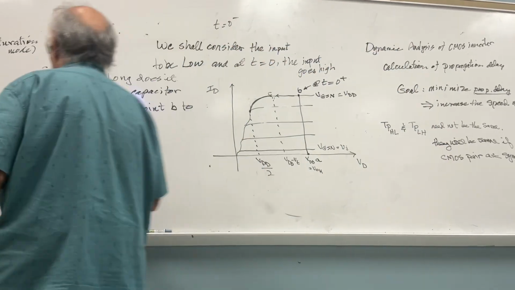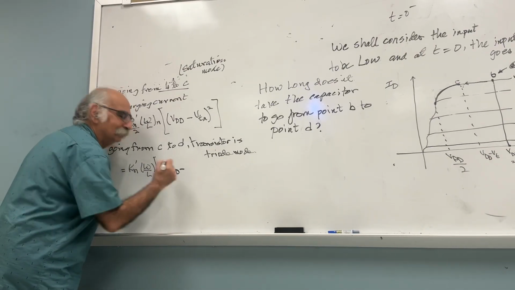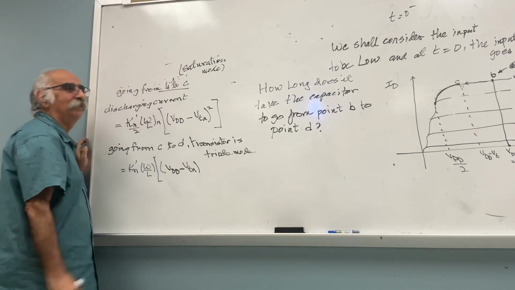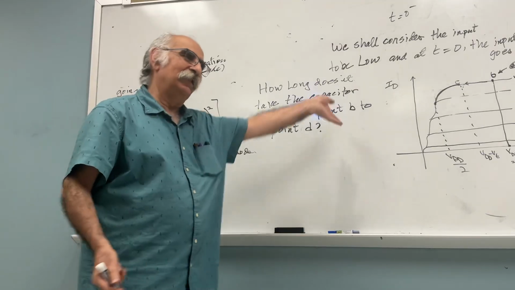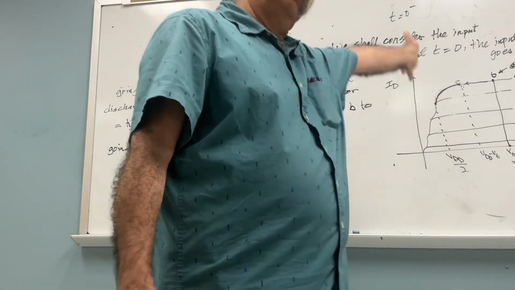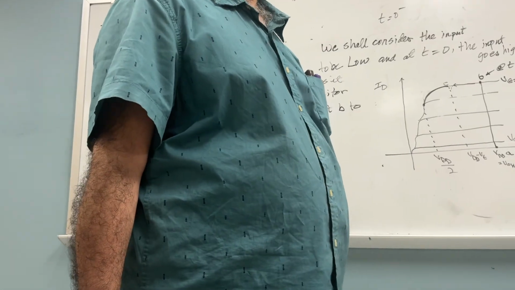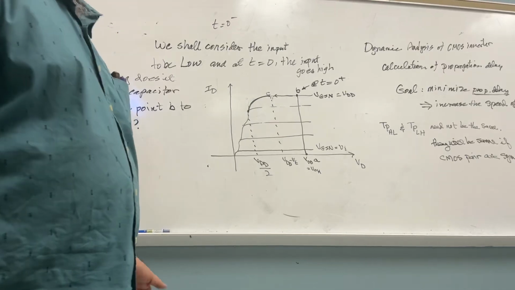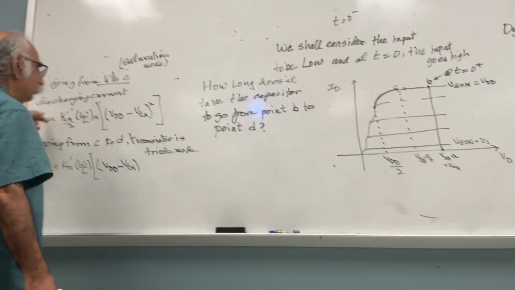So what is it? VDD minus VTN, multiplied by VDS. What is VDS? I need to put something. I'm calculating the current.